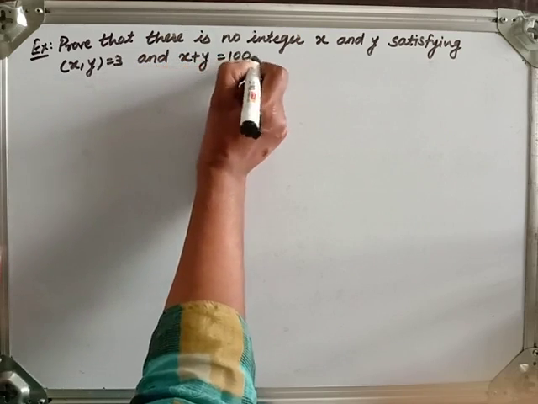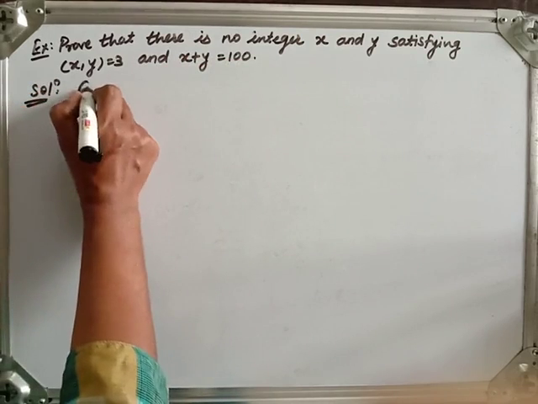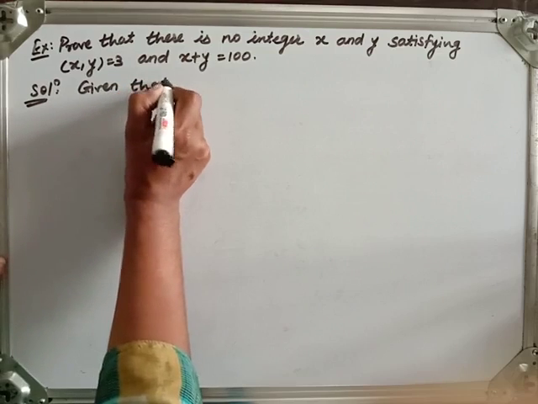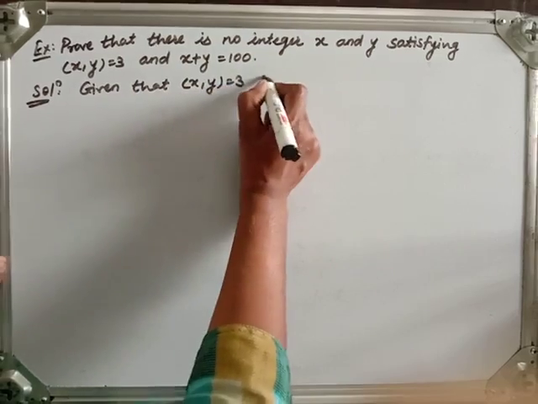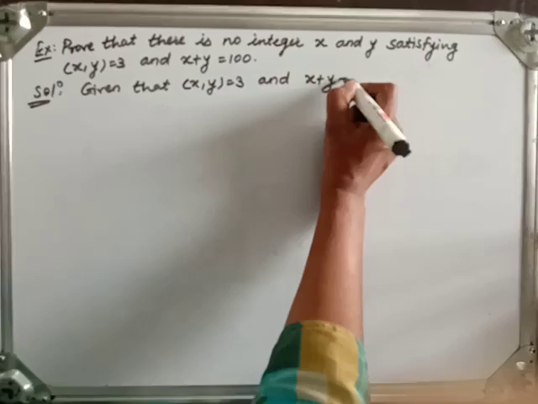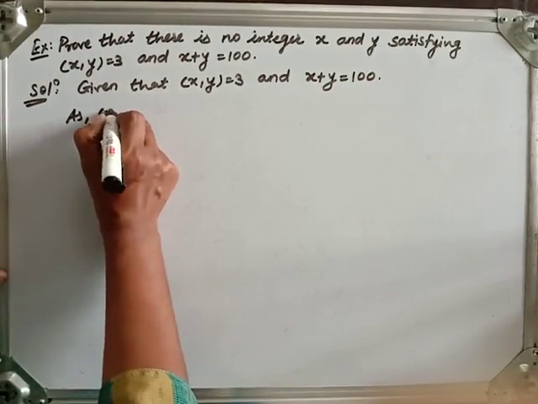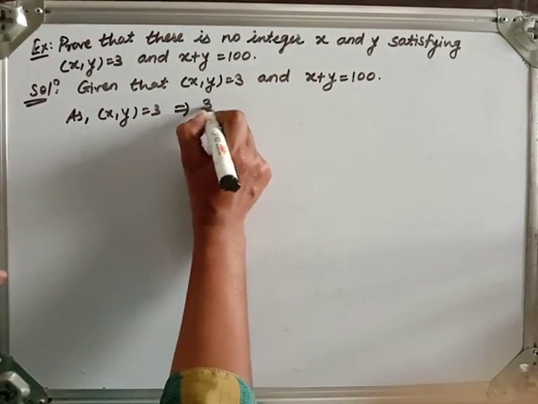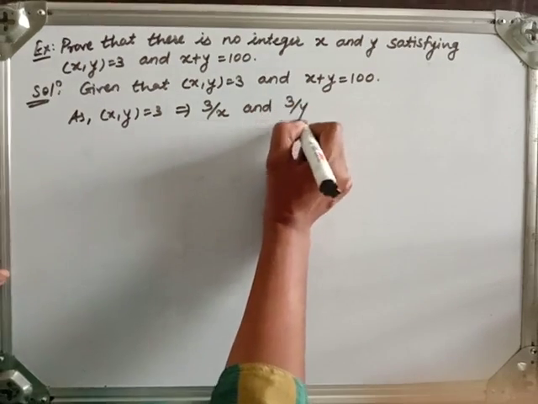Now the solution of this one, just like the previous one. Given that the GCD of x and y is 3 and the addition of x and y is 100. Now as GCD of x and y is 3, so this says 3 divides x and 3 also divides y.